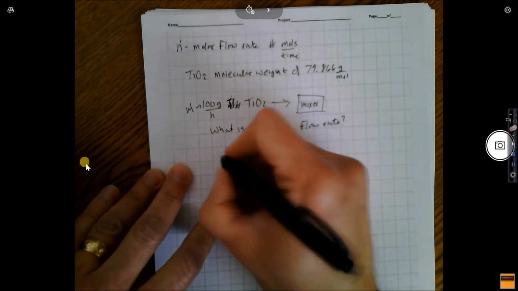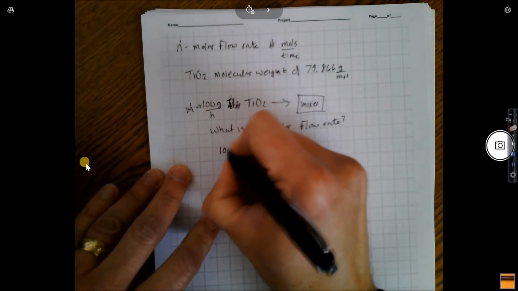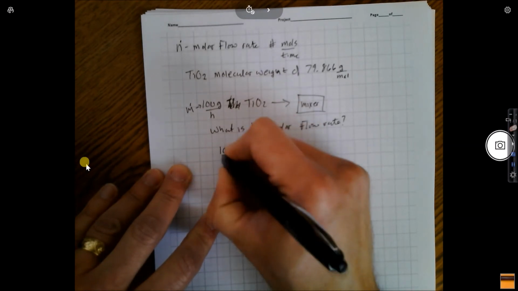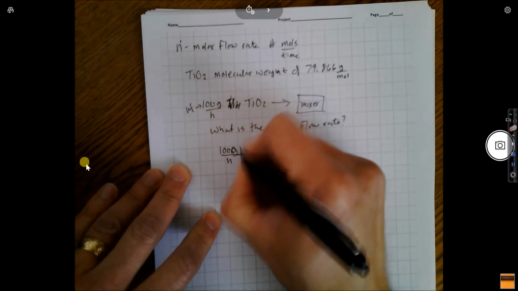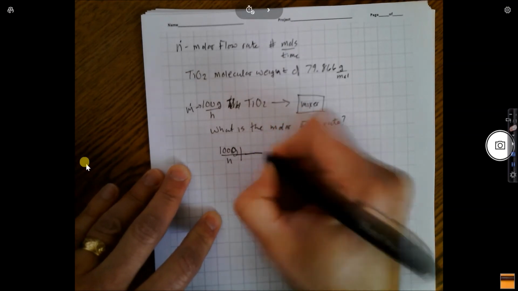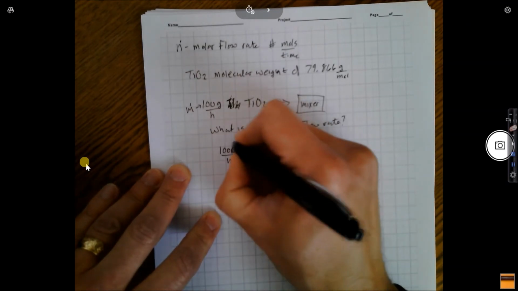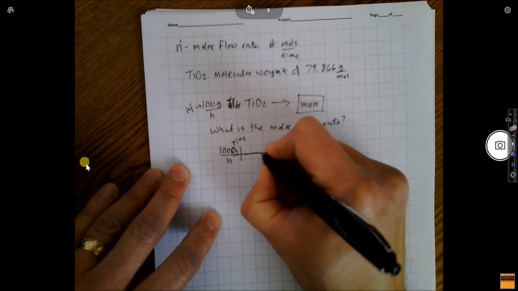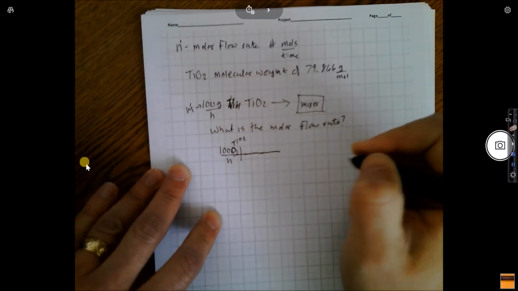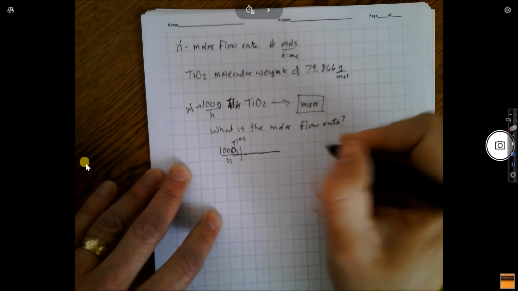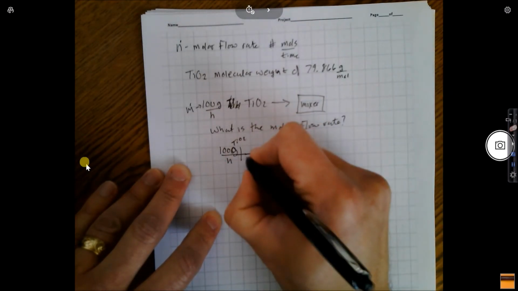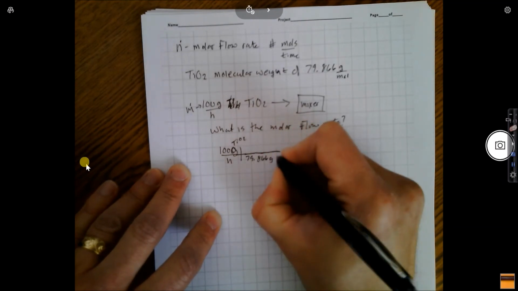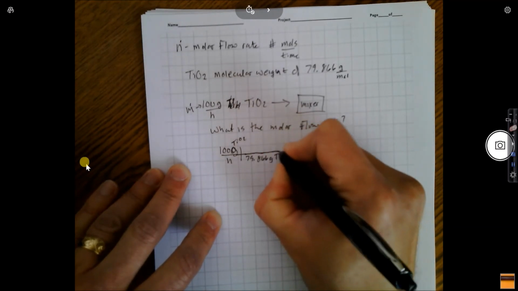So let's set up our railroad track. 100 grams per hour, and I keep forgetting to do the bookkeeping. 100 grams per hour of TiO2. The molecular weight of TiO2 is 79.866 grams of TiO2 in one gram mole of TiO2.